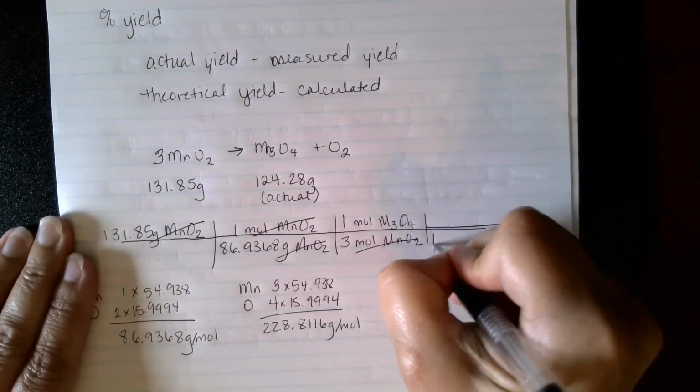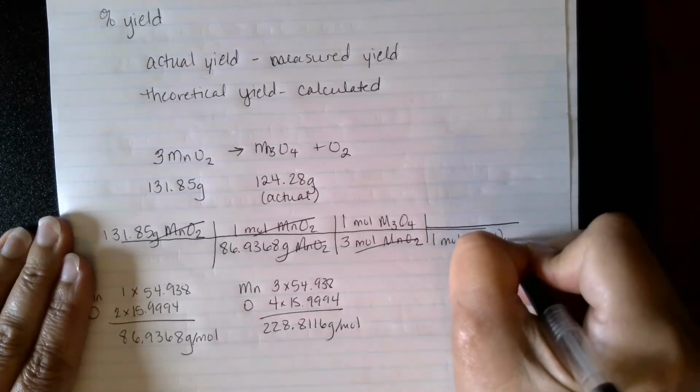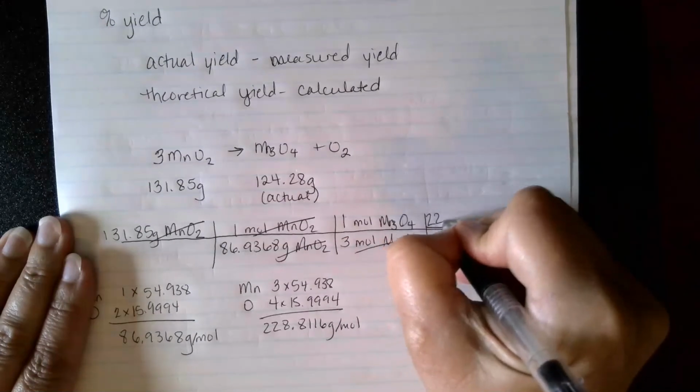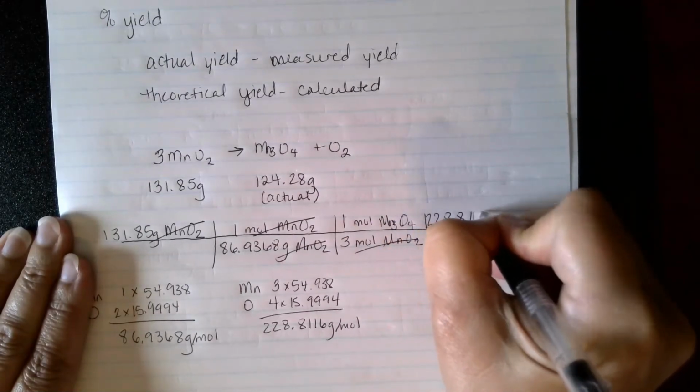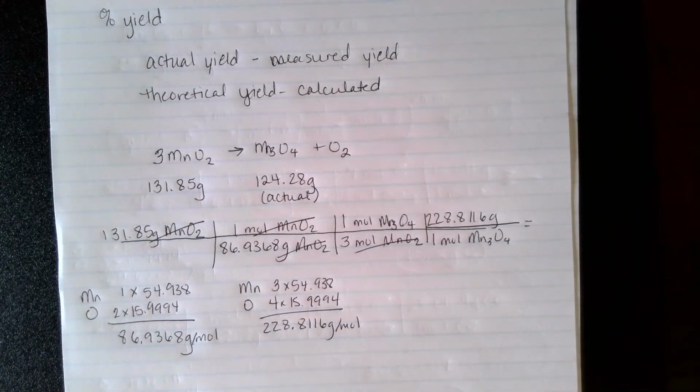Alright, so 1 mole of Mn3O4, and then up here 228.8116 grams. And I'm going to just double check that molar mass again. Okay. So then multiply everything on the top and divide by everything on the bottom.